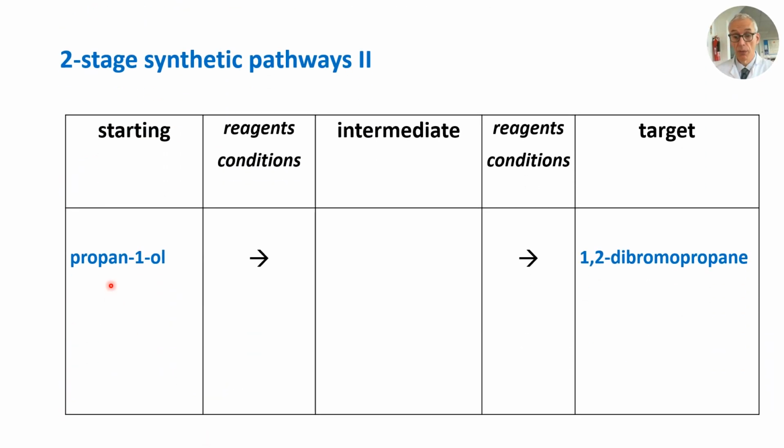Starting with propan 1-ol, how could we form 1,2-dibromopropane in 2 stages? Pause, solve the problem, come back to check against my answer. Okay, I am about to reveal.